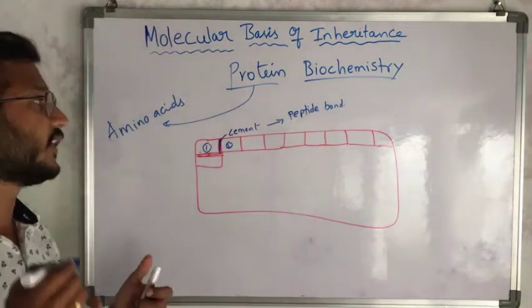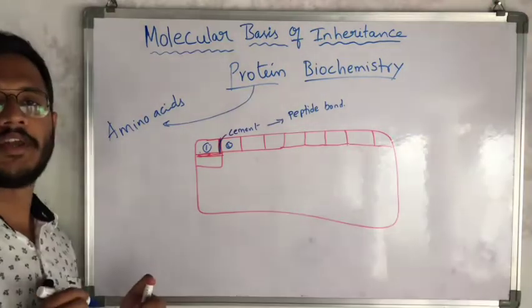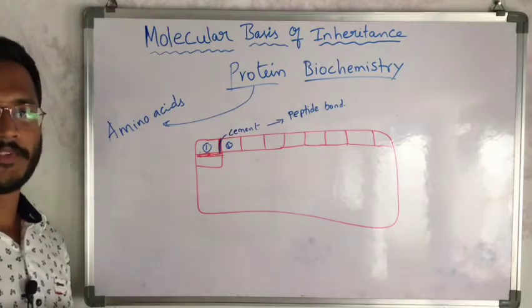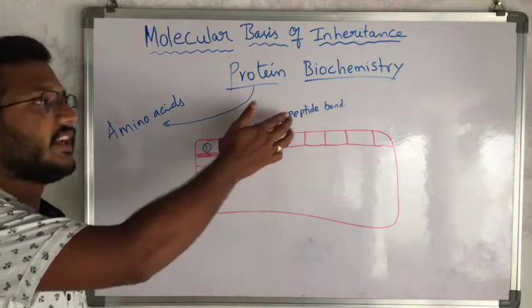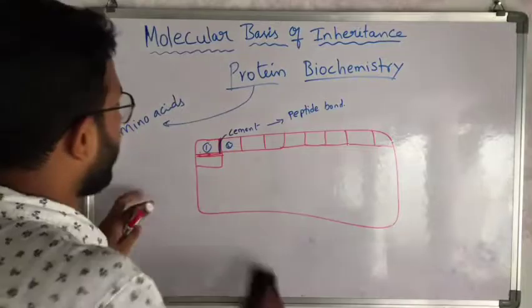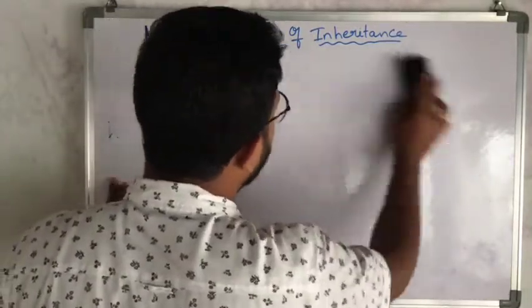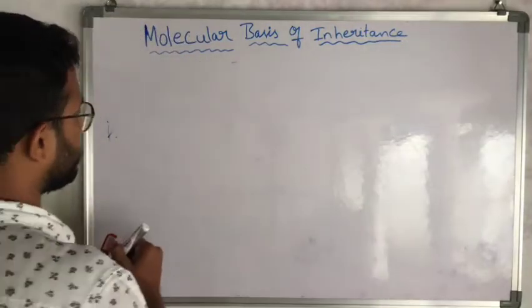We will see what the amino acids are, what the basic structure of an amino acid is, and how the peptide bond is formed between two different amino acids. So the brick is an amino acid and the cement between the two bricks is a peptide bond. This is how we will construct a wall of a protein. So the total wall is a protein. How is the protein manufactured?